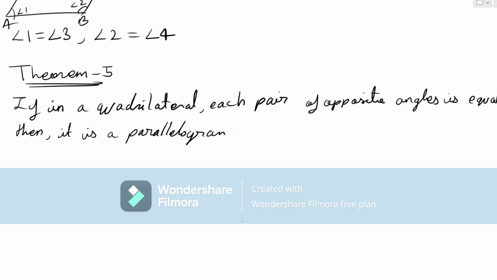Okay, let's read this statement again. If in a quadrilateral each pair of opposite angles is equal, then it is a parallelogram. Done. Easy.